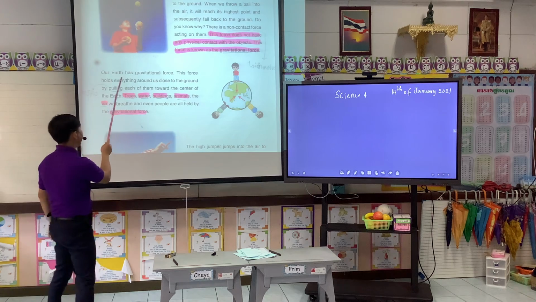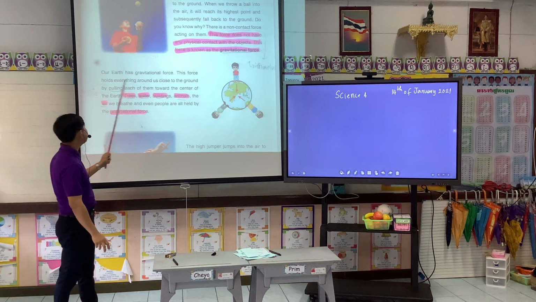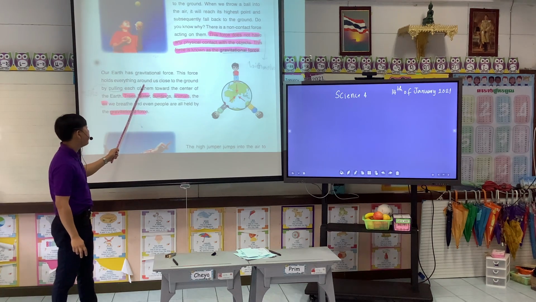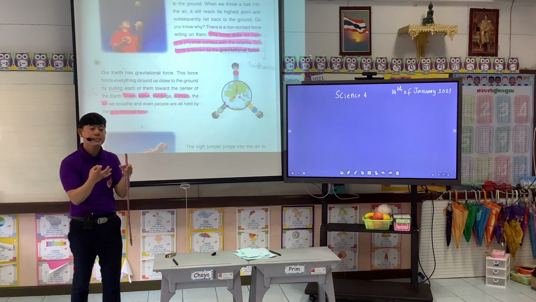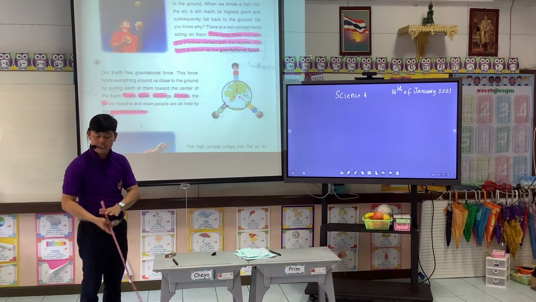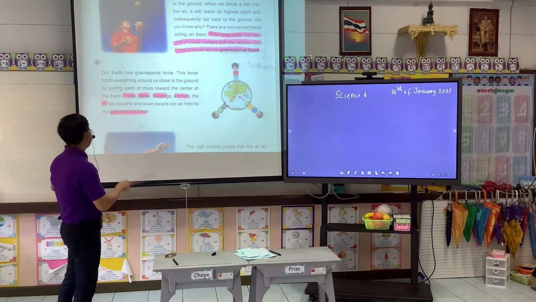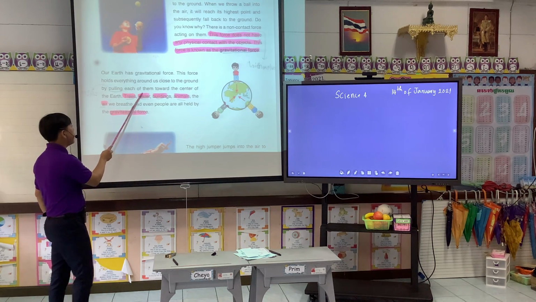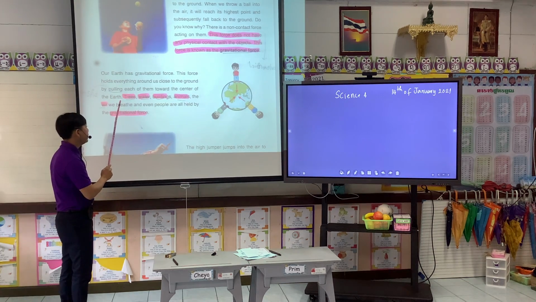Our Earth has gravitational force. This force holds everything around us close to the ground. Everything is held to the ground by being pulled toward the center of the earth.